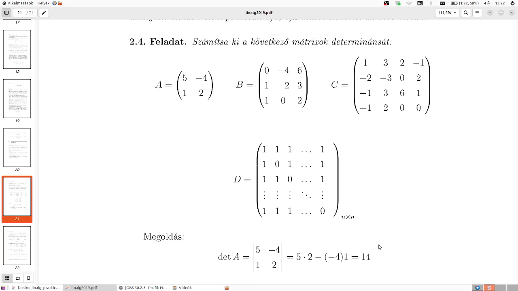I choose now the fourth, the last one, because I'm lazy and I don't want to calculate so much. And you can see something. For 4 times 4 determinants of this size, you cannot use the Sarrus rule.